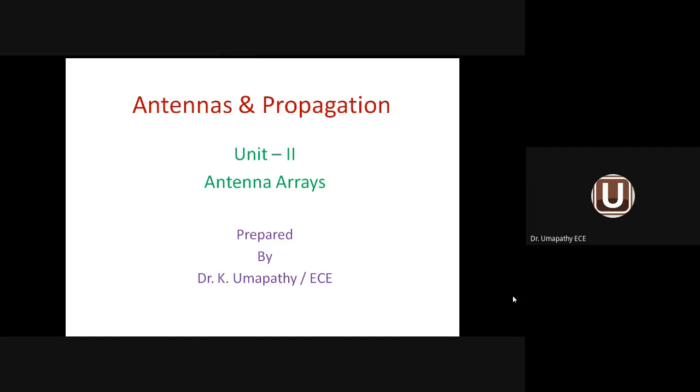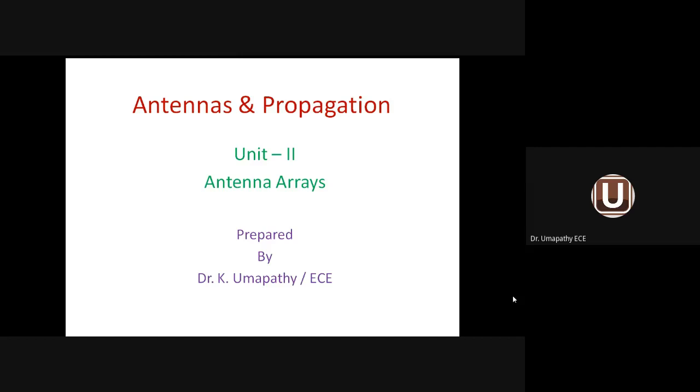Both the derivations are very, very important. I'm telling you now itself, there is one question I'm leaking out for both the internal examination as well as the university examination. Radiation from oscillating current element and radiation from half-wave dipole, either one will definitely appear in the examination, whether it is an internal or a university examination.